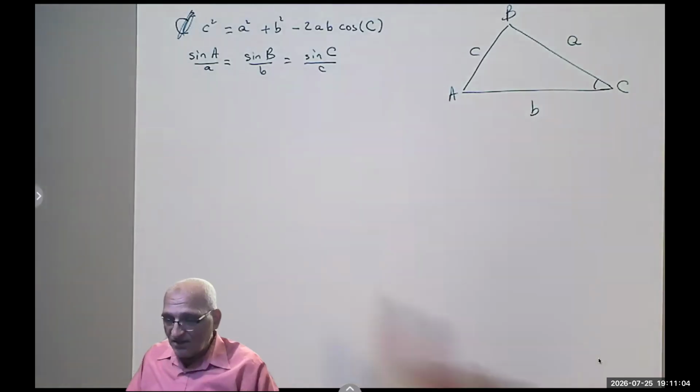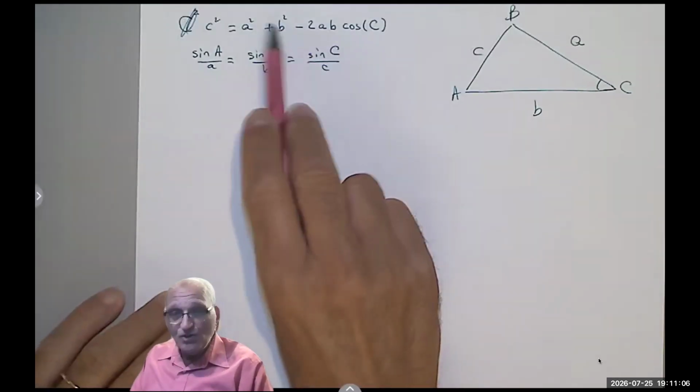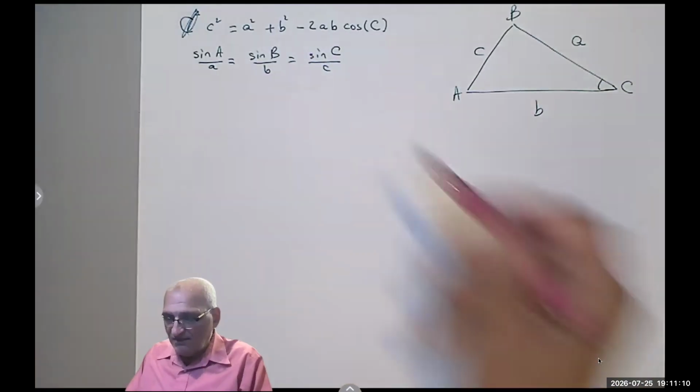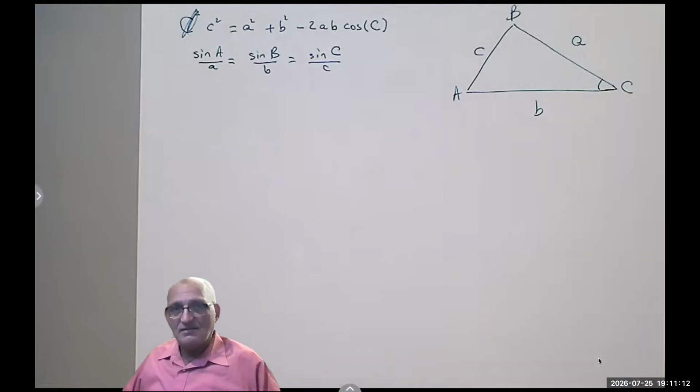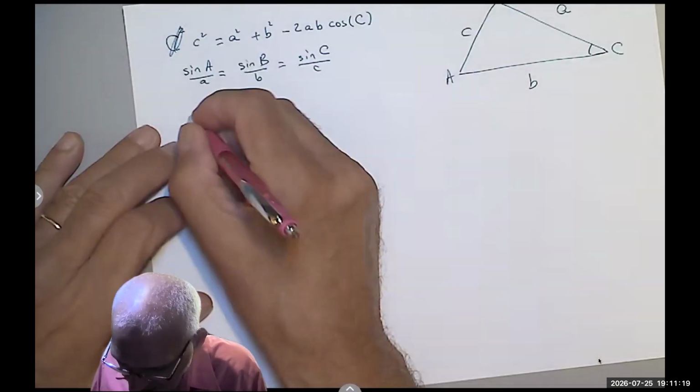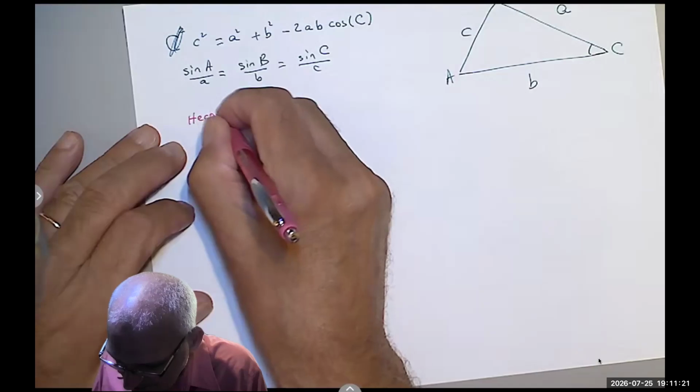On the other hand, I cannot use the law of cosines if I don't know any of the angles. How can I find the cosine of an unknown angle? So what do I do in this case? Here comes Heron to the rescue. Heron's formula.